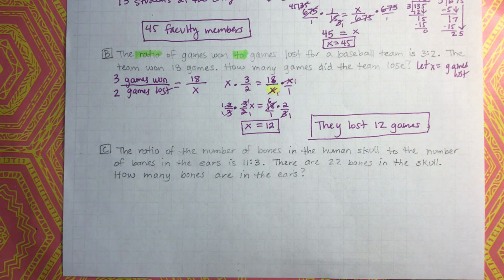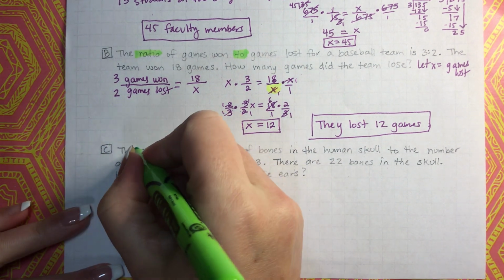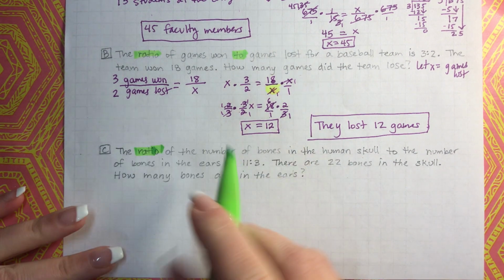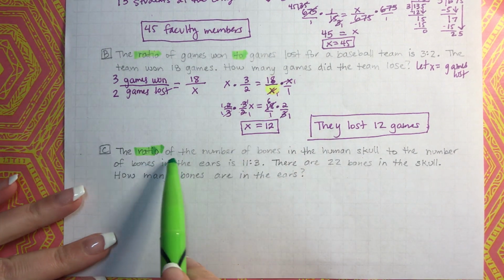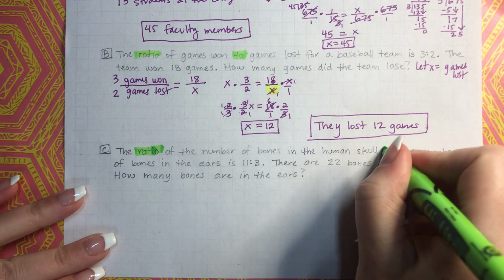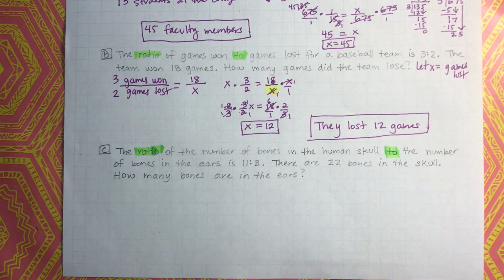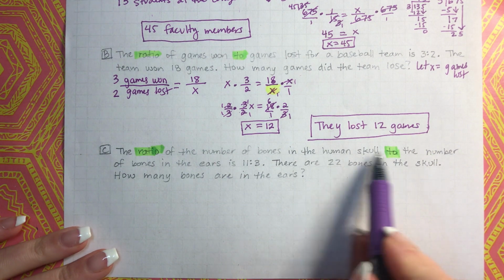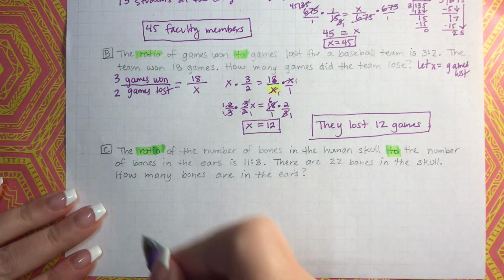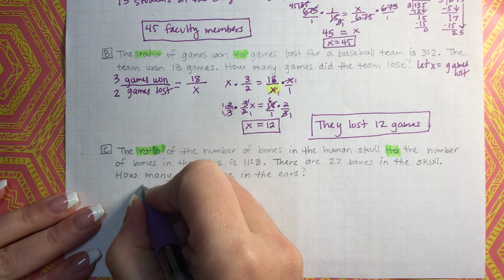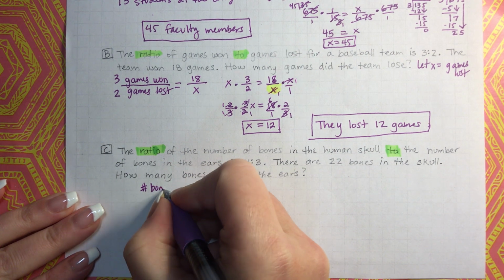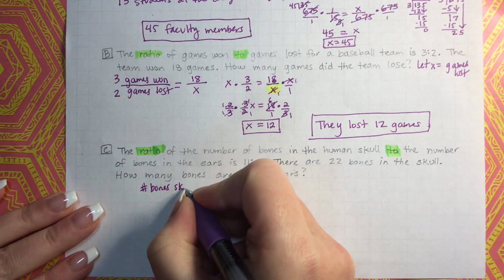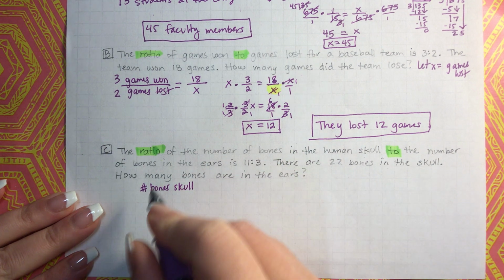Okay, what's the key word? Ratio. There's the keyword ratio, and then where's the next keyword that goes with ratio? And it's 2. Okay? So that lets us know that the words to the left of the word 2, bones in the skull. So I'm just going to say number of bones in skull, or skull bones probably would have been better.